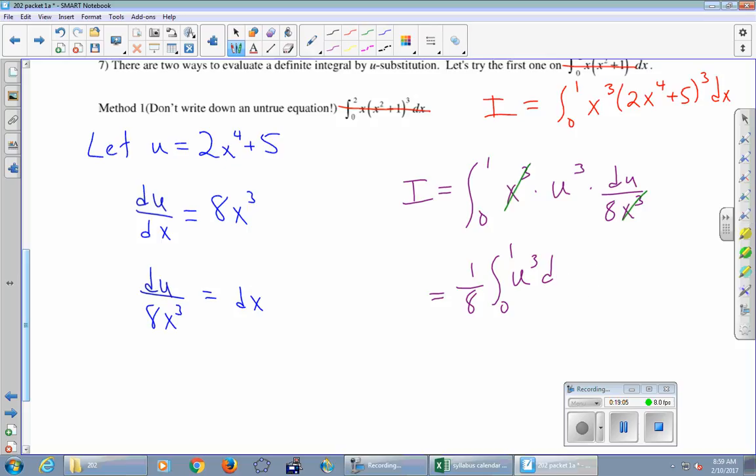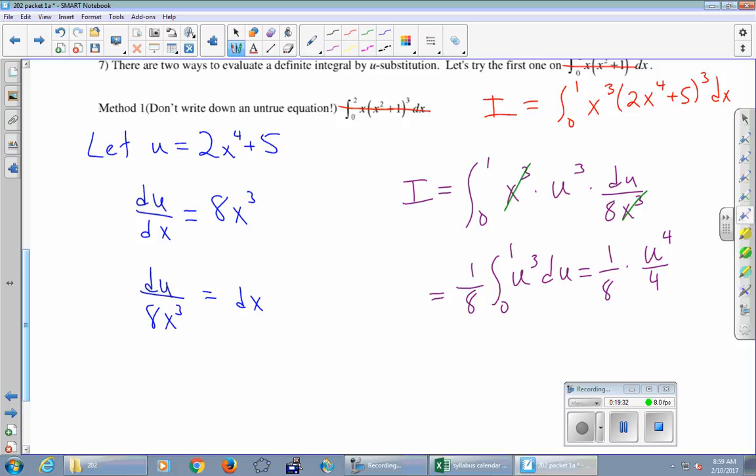Okay. Most integrals are hard. That one's easy, right? That's what the u substitution is supposed to do. It converts a hard integral into an easy one that's equivalent. 1/8 is there times u cubed becomes u to the 4 over 4. Do we need the plus C?